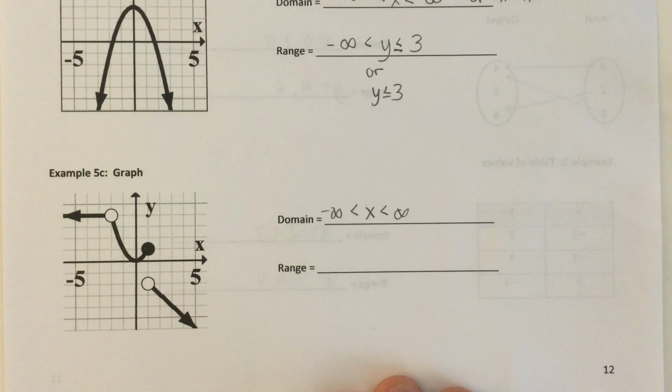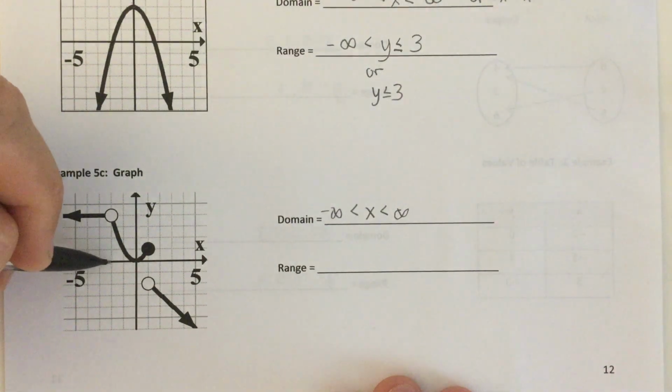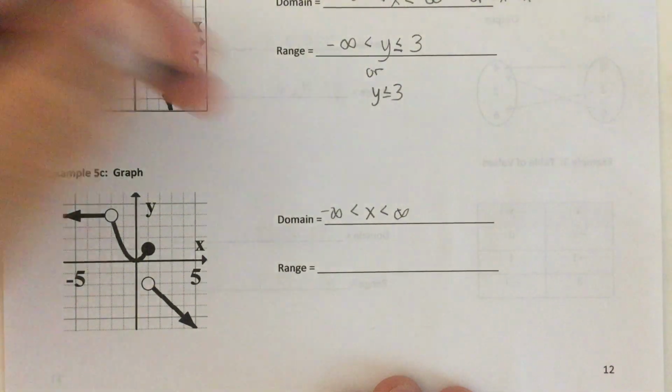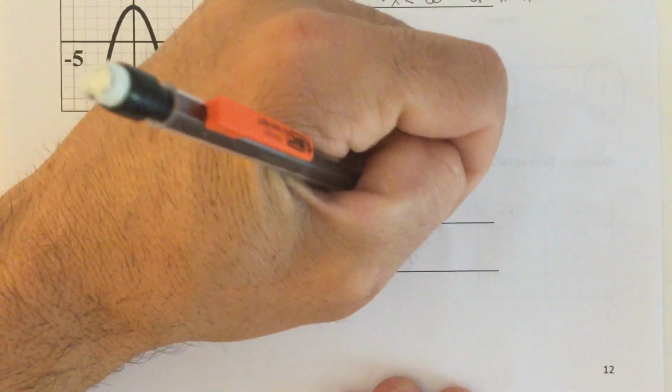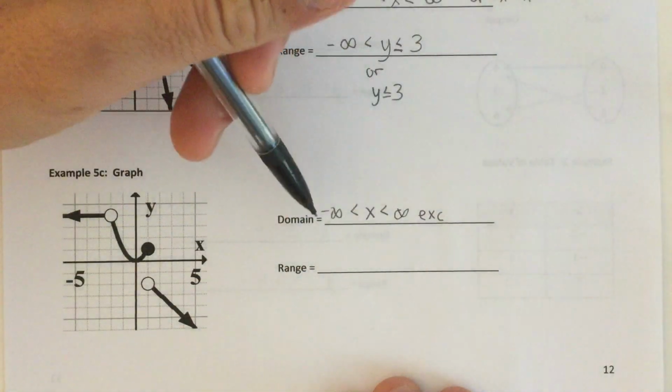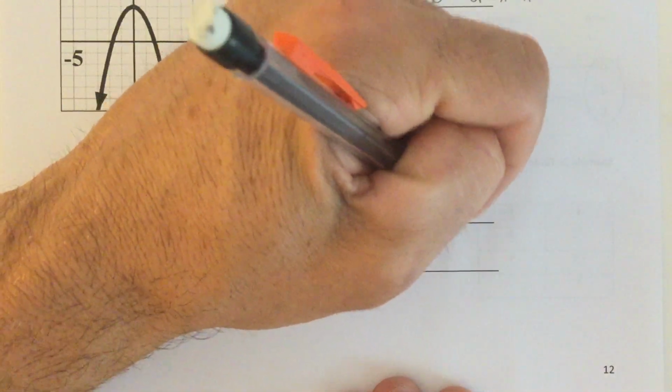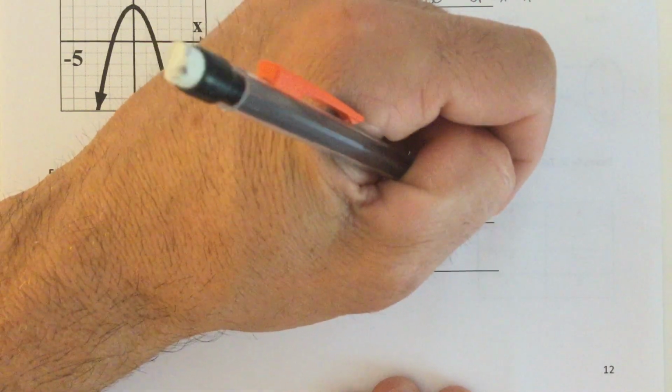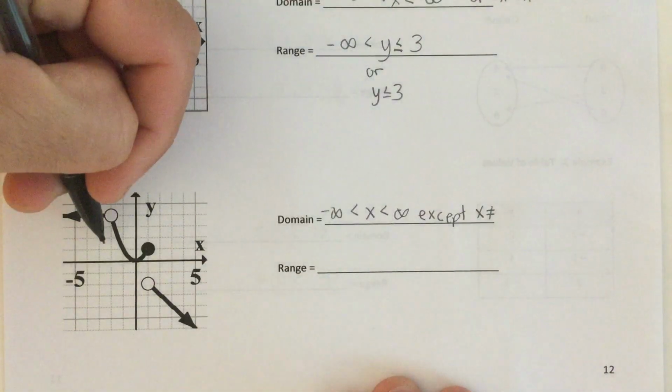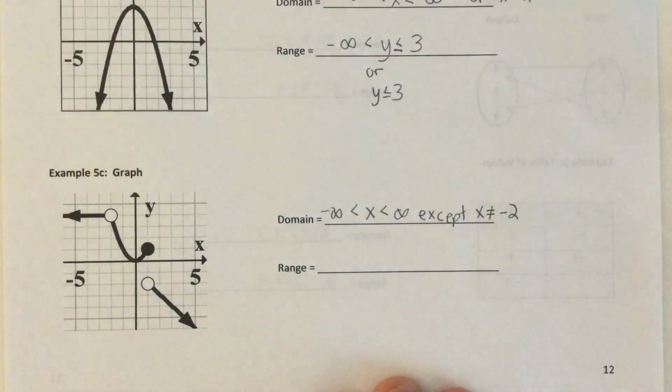But the one value, and only one value, that does not work on this graph for x values is this point right here, which is an x value of negative 2. So if it's just 1 or 2 points that don't work, you can write the inequality and then just write what we call an exception. Except x cannot equal, and in this case, x cannot equal negative 2.